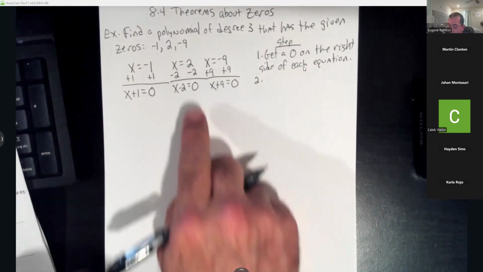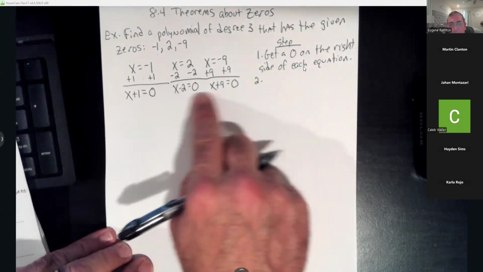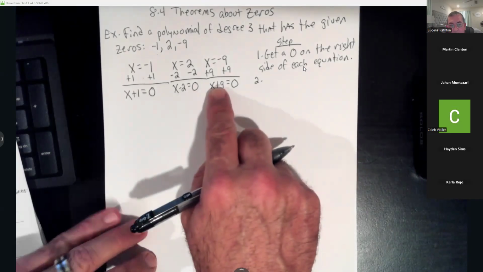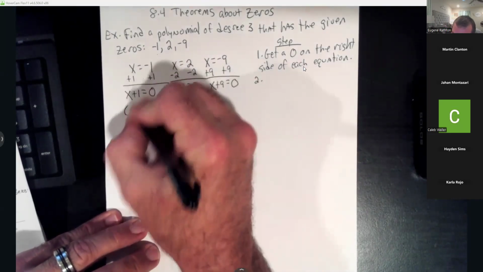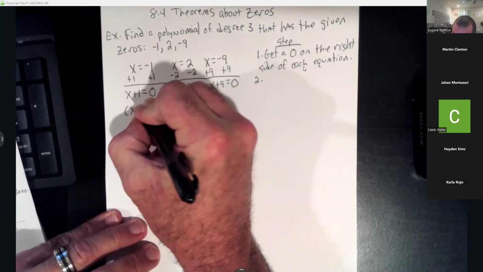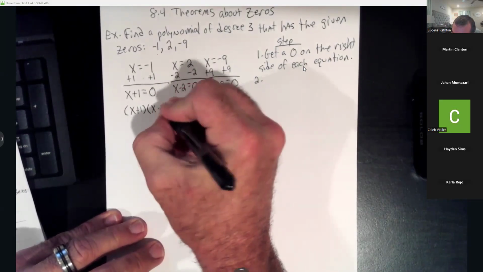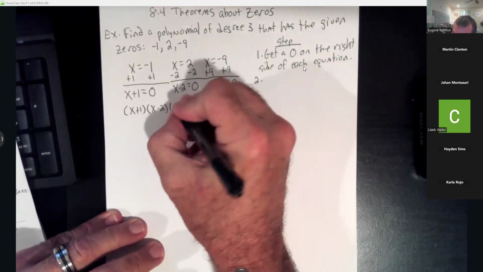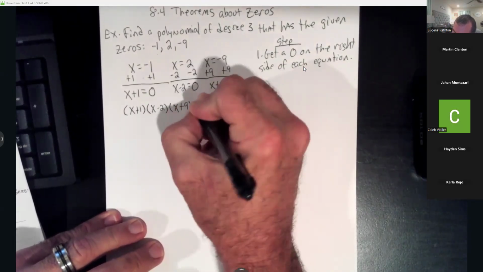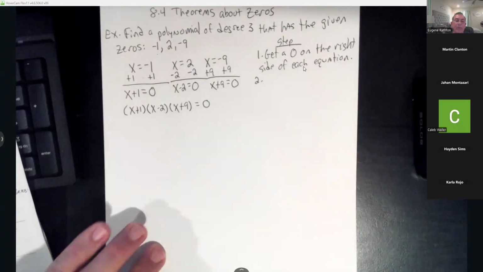So now, using the zero product rule, since I got 3 equations equal to 0, I'm going to put the left side of each equation in parentheses and set the entire thing equal to 0.